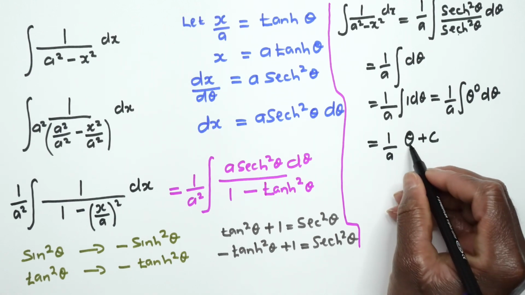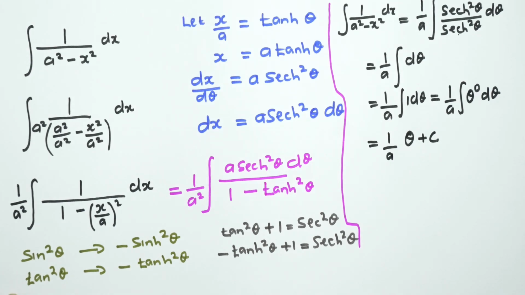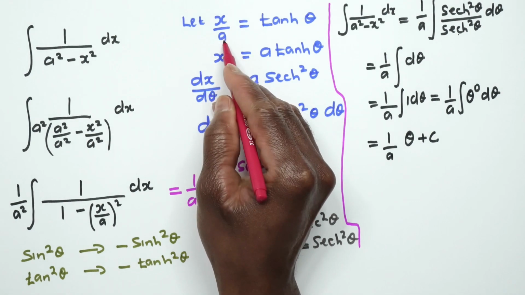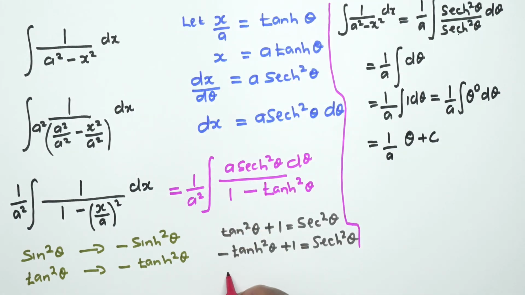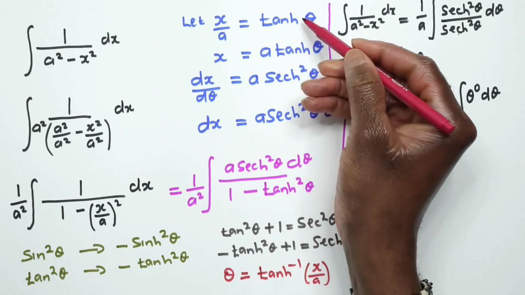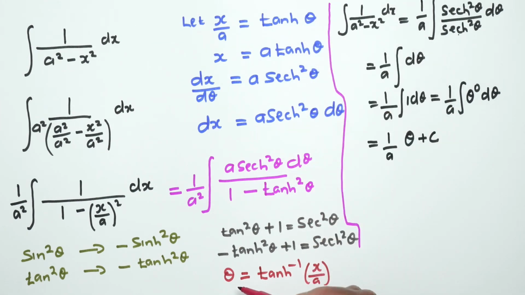And we know what theta is. If I rearrange this, because I know that x over a equals hyperbolic tan theta, therefore theta will be inverse hyperbolic tan x over a, by just making theta the subject.